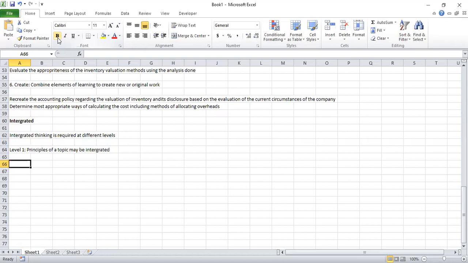Because you might find that, you see the vehicle, this is the vehicle, and this is the registration number. Once you are checking, you see the state of the vehicle, you see that no, this vehicle is very much damaged. It cannot be 1 million as reported in the books. So they should test for impairment. So at the same time, once you are testing the existence, you are also testing the accuracy. So all of them have to do with the PPE. Your auditing of the PPE is just one topic, but you now have to integrate existence and accuracy of the motor vehicle. So that's integrating various aspects of the topic. All right.